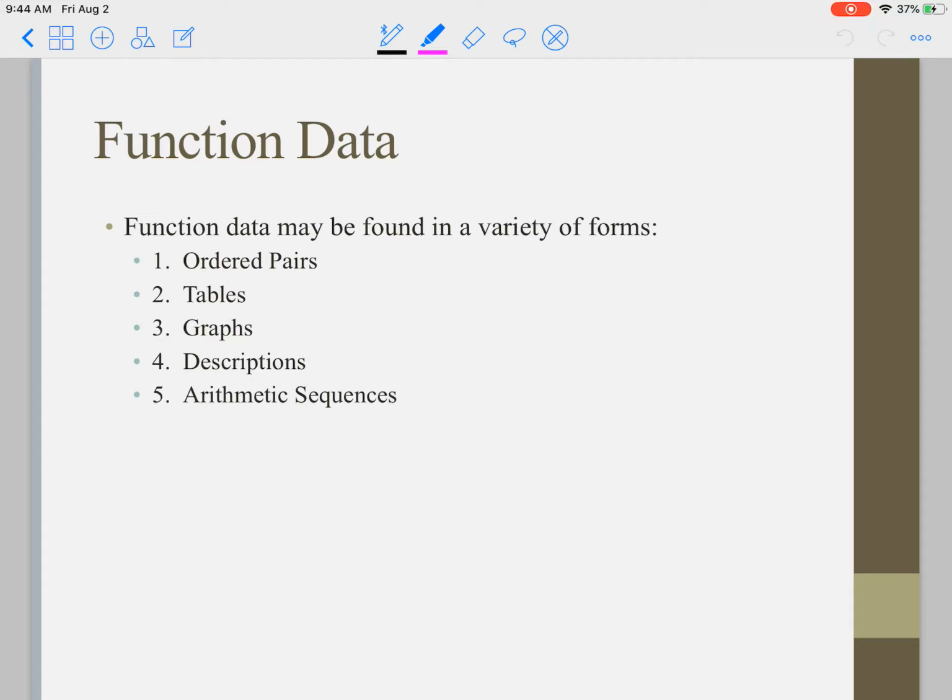Function data, the data that we use, our x's and our y's, our independents, our dependents, can be found in a variety of forms. They can be in ordered pairs. If they're in ordered pairs, then the first space is the x, second space is the y.